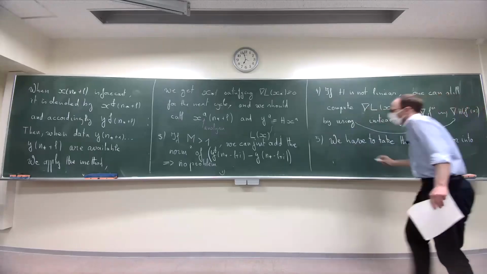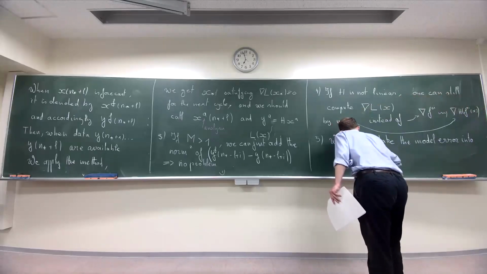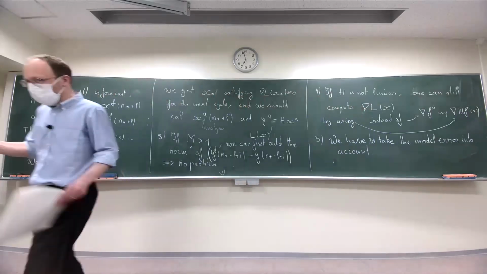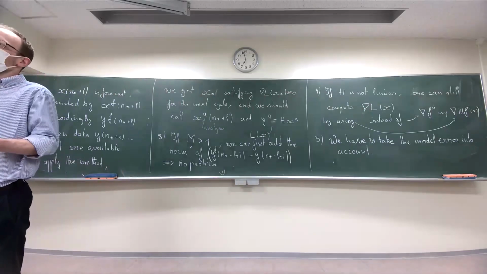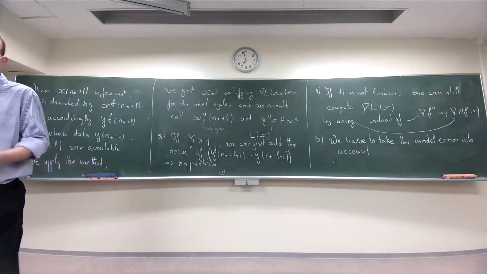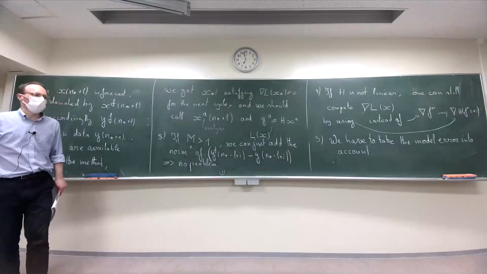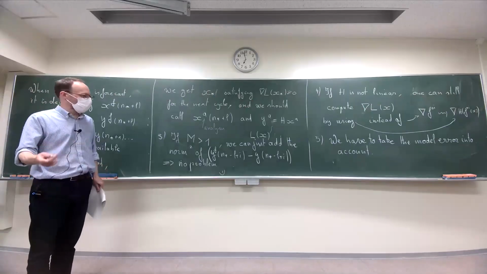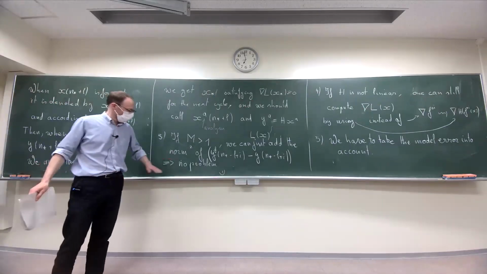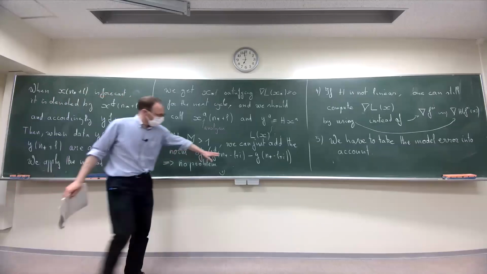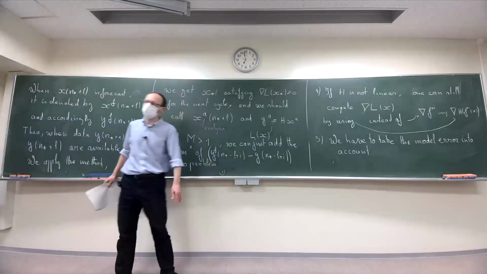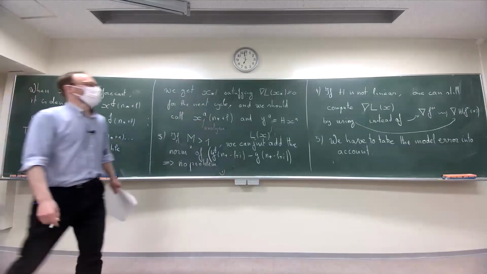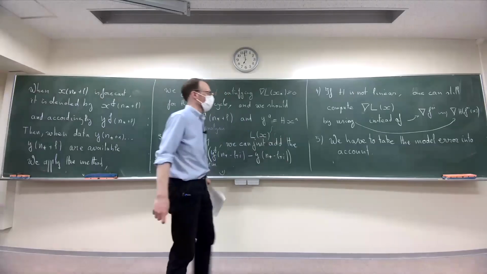Maybe we don't know the function g I have introduced, but maybe we have a certain kind of information about this model error. It's not easy to get something, but if we have information about how close our model is to the truth, we can add this information at this level. So I hope we can do it later. We have to take this model error into account.